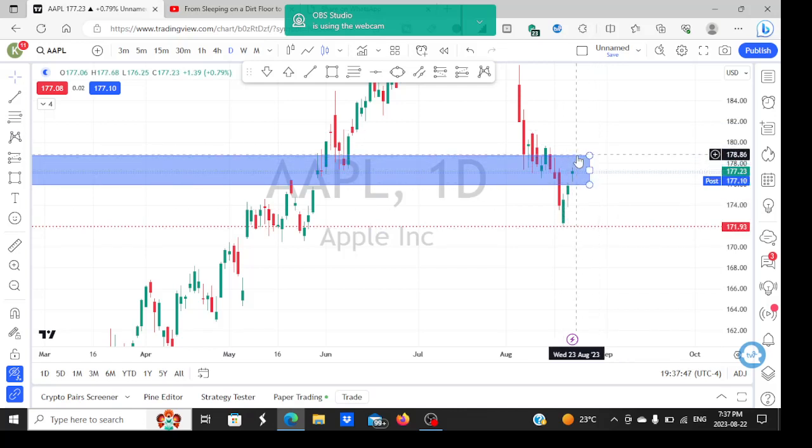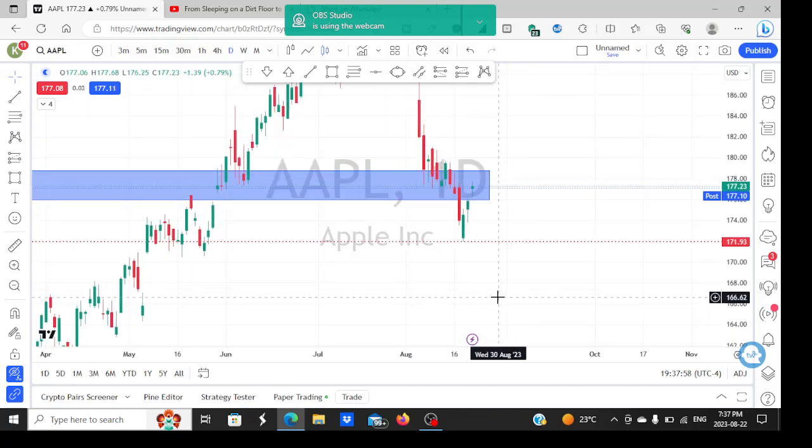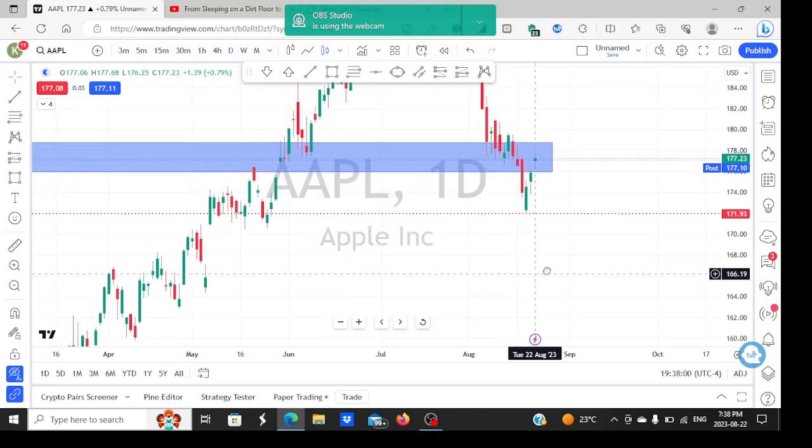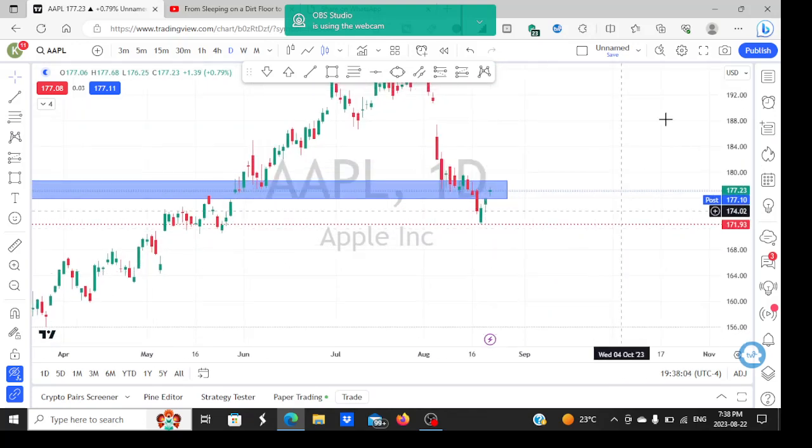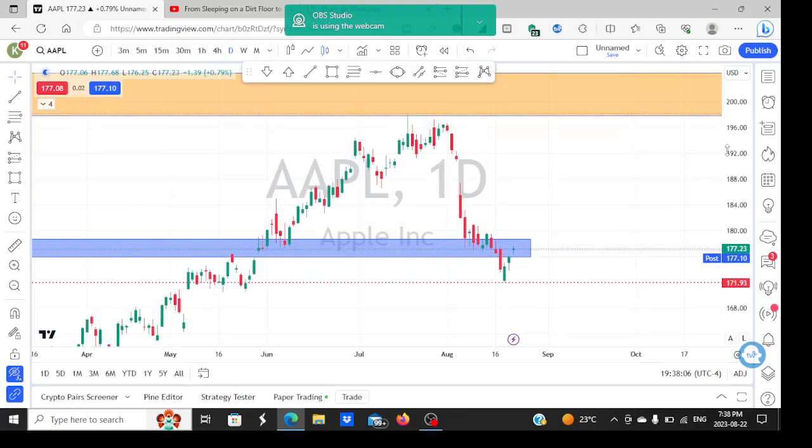So it can come up here again and then come back down. So right now Apple is still not clear, like it's still not out of the selling zone.